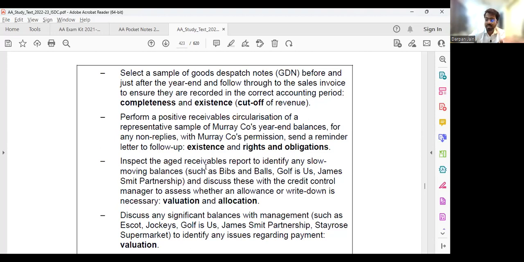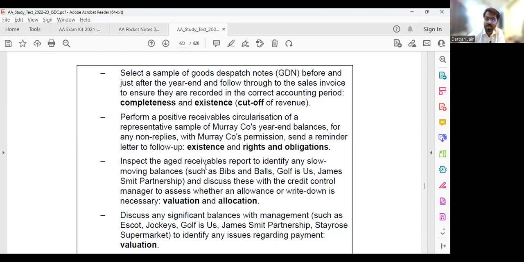He might not exist at all. So that is why you're checking whether you're receiving the receivable circularization letters from that person. Correct? And if you're not receiving them, follow up. Give them a reminder. Ask the client whether you can send a reminder or not, and send a reminder to the opposite person. Great. Next.